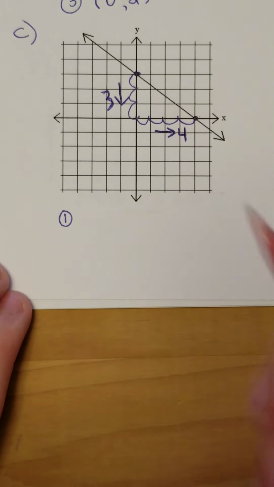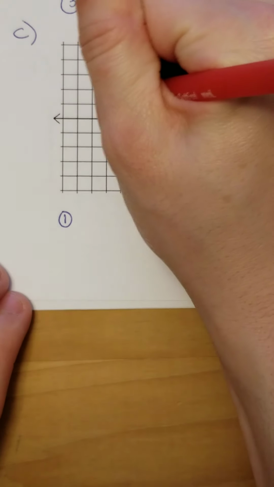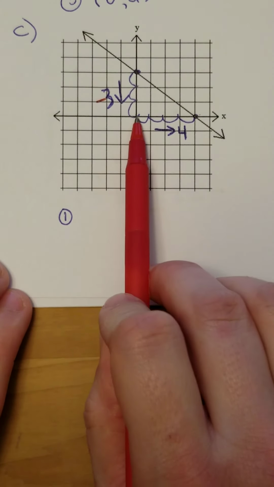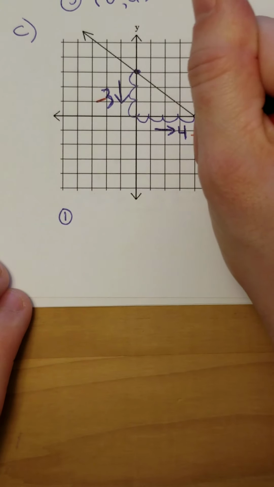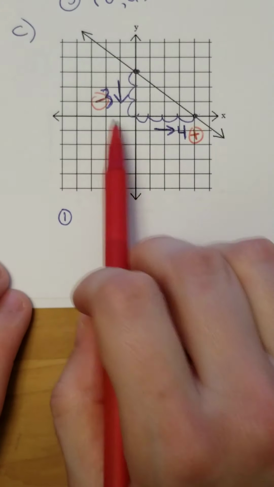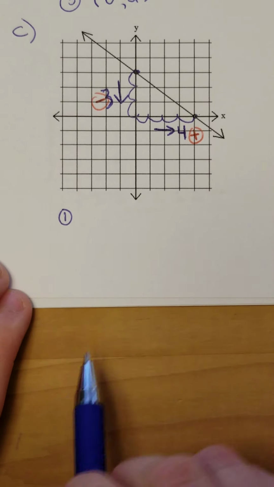Now be careful here. Because we went down, down means -3. But just like in example A, going to the right still means a positive. So I have 1 negative value and 1 positive value. So be careful when you do your rise over your run.